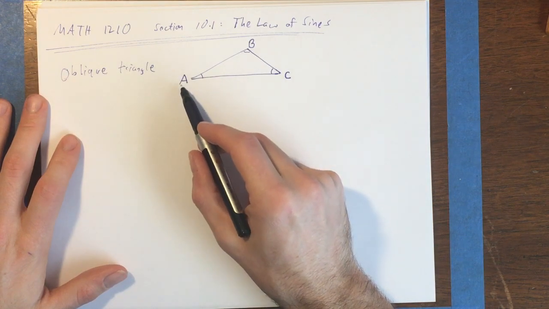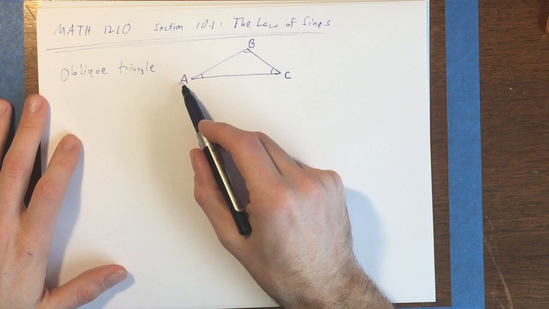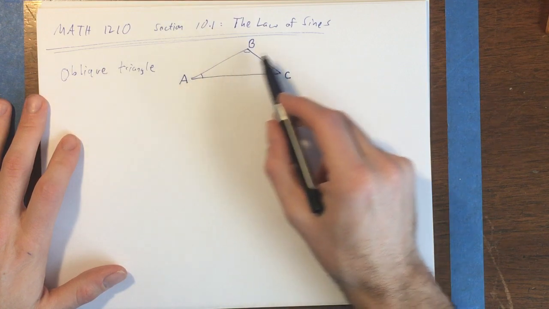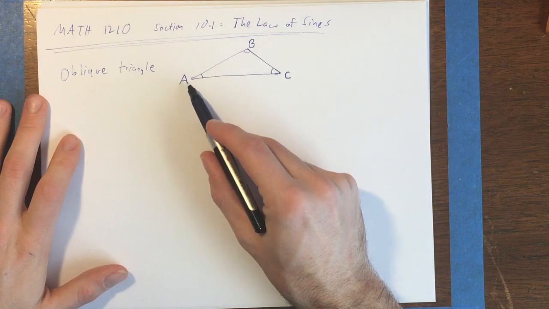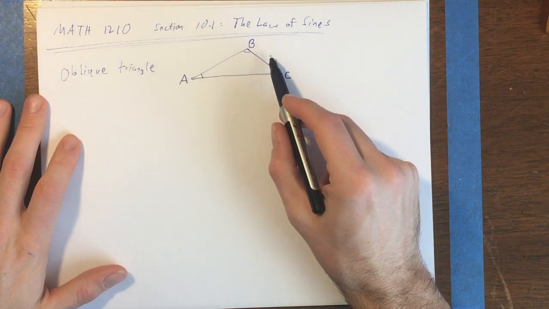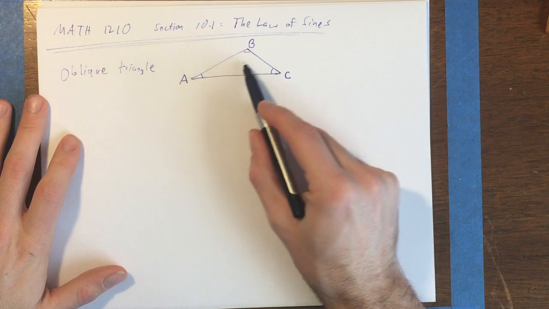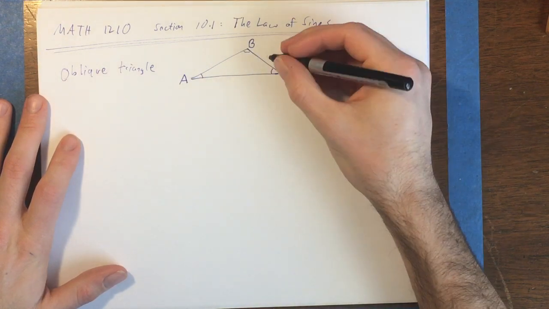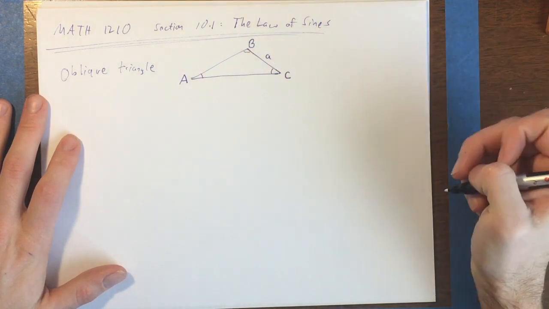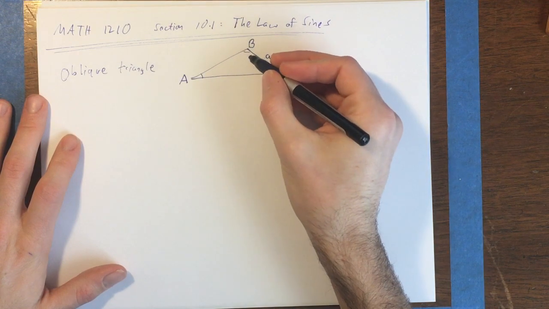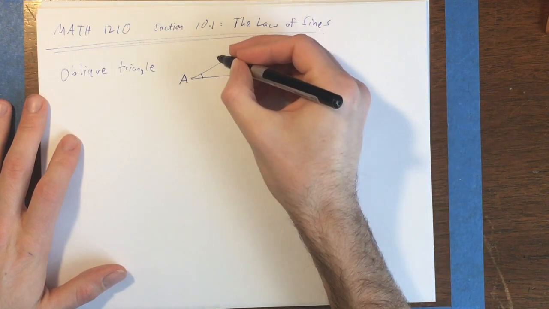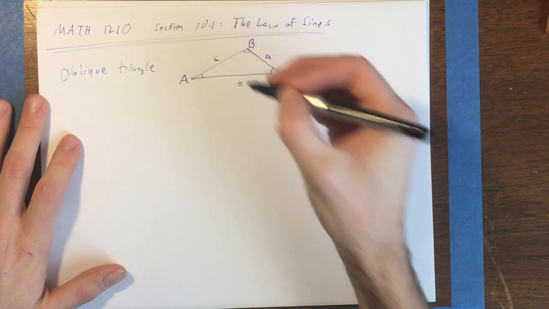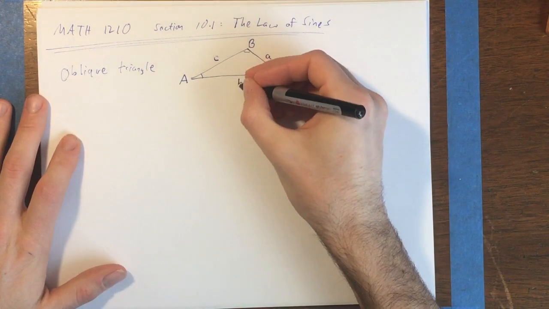The way you label is that you use the opposite angle to determine how you label the sides. So the side which is directly opposite angle A, capital A, is going to be labeled lowercase a. And the side directly opposite angle B is lowercase b, and the side directly opposite angle C is side c. So that is going to be our standard labeling.